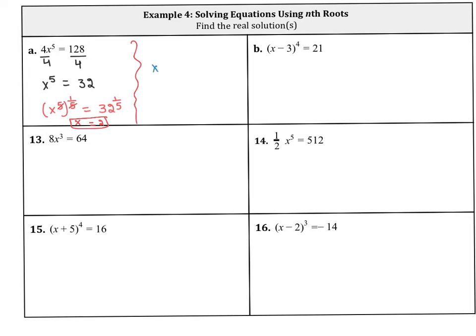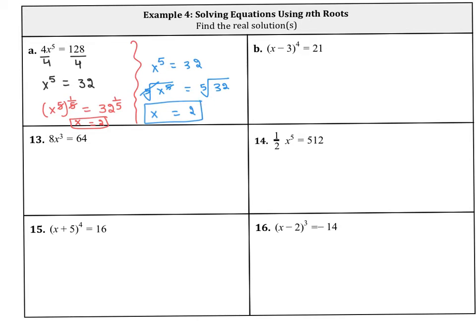If x to the power 5 equals 32, then take a fifth root on both sides. Since they are opposite of each other, fifth root and exponent 5 cancel each other. So x equals fifth root of 32 is 2, so x equals 2. This is when you take a power as an exponent on both sides. This is when you take a radical form on both sides.